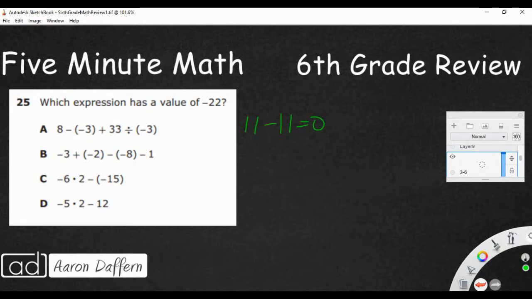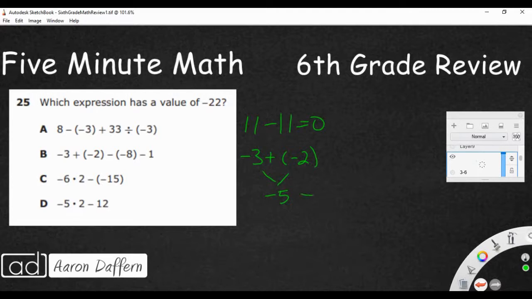So B is negative 3 plus negative 2. You see, we don't have any multiplication or division. So really, we're just going to go left to right, because it's all adding or subtracting. So negative 3 plus negative 2 is going to boil down to negative 5.